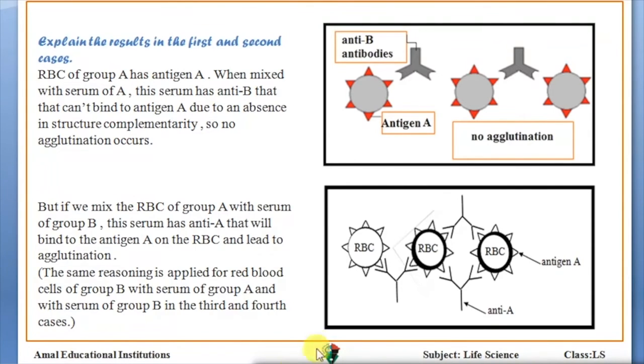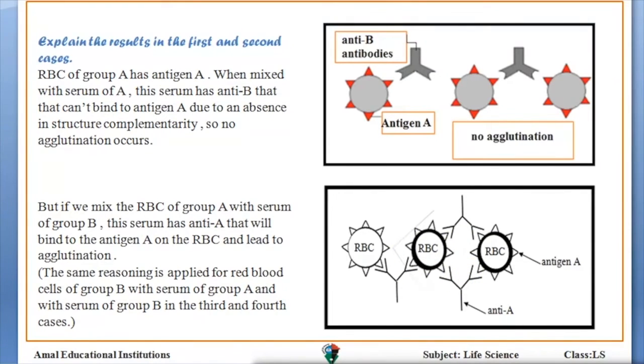The red blood cell with antigen A from group A is mixed with the serum from group B having anti-A antibody. This is going to lead to binding between the anti-A antibody and the antigen. This binding is going to lead to agglutination.